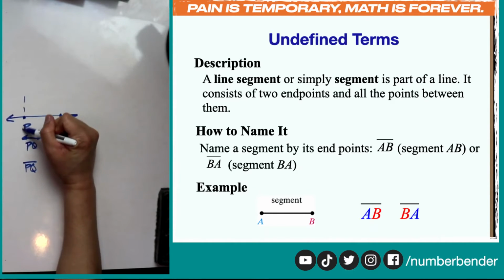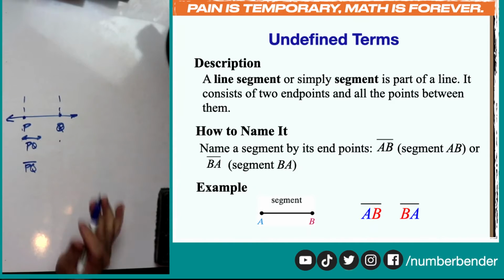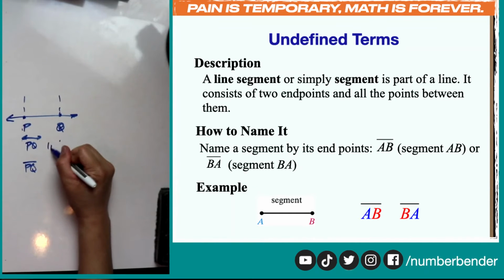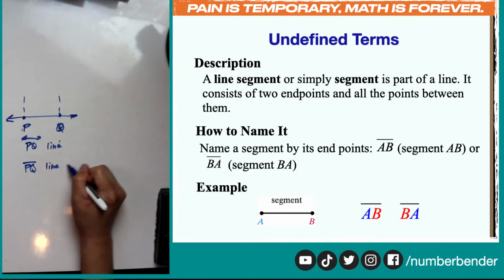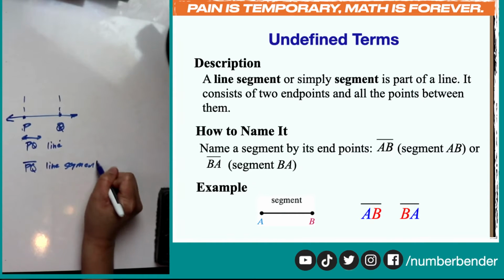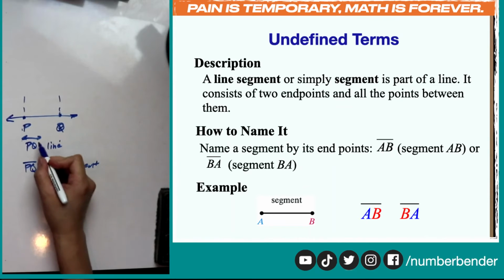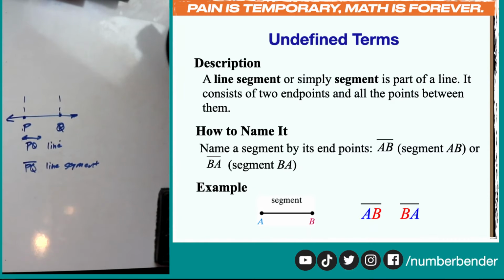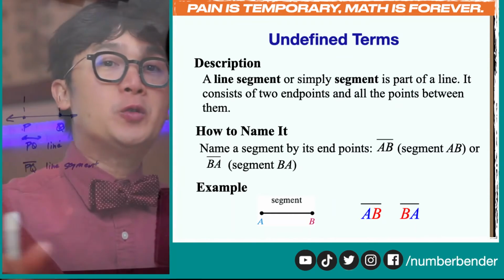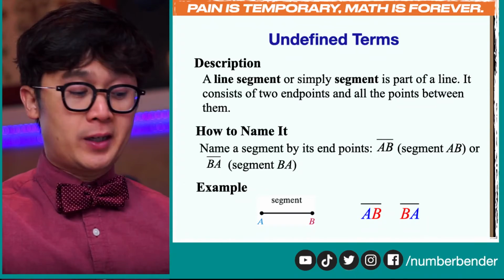So ibig sabihin yan, ito lang yung dinidescribe natin. So yan yung difference ng ating line at line segment. And again, be careful with your notation dahil one missing symbol would create confusion pagdating sa geometry.